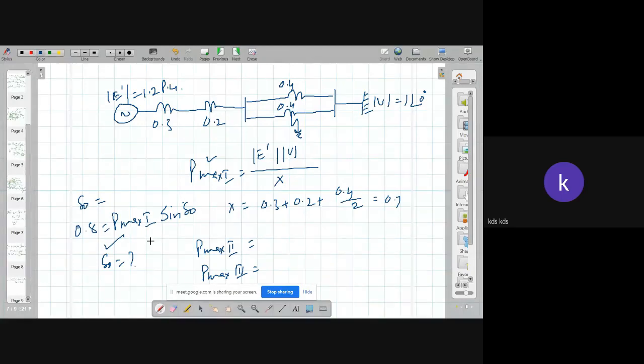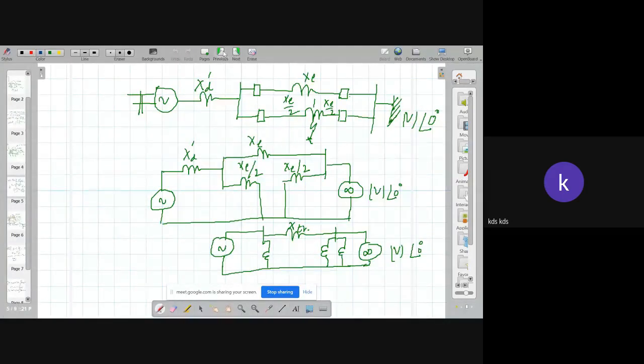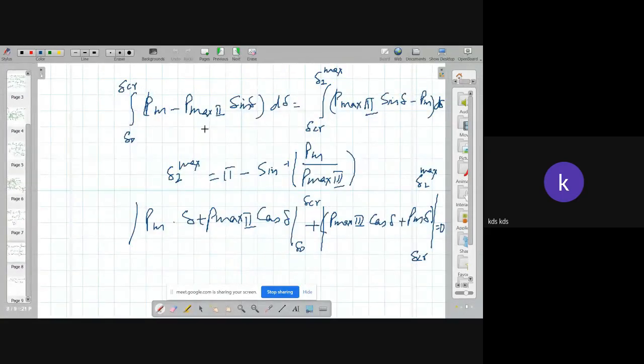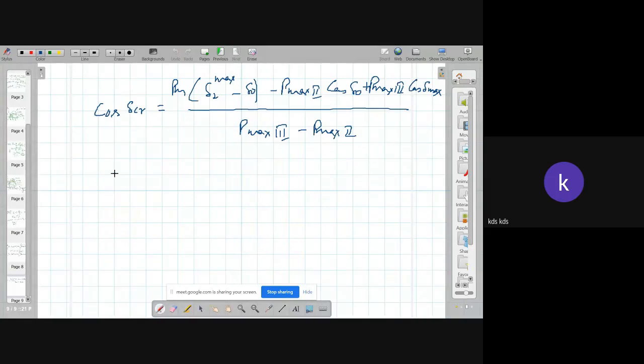From the graphical representation, you have to write down the expressions of integration, this one and this one, and then you have to apply this formula to find out the value of delta critical. Okay, so this is the brief explanation of the assignment question.